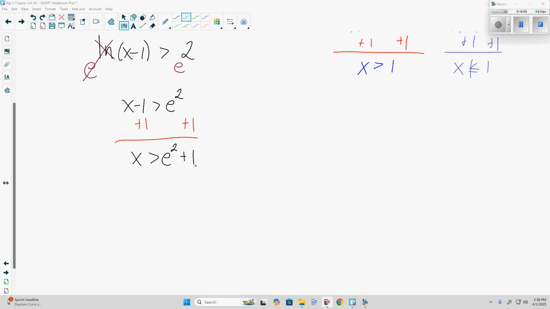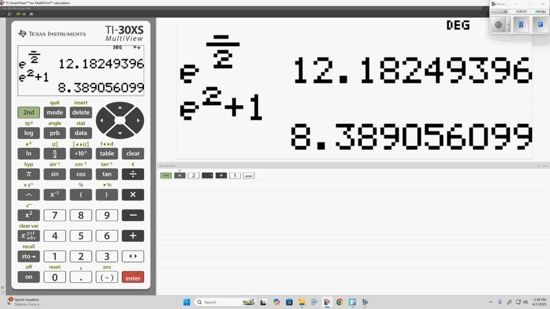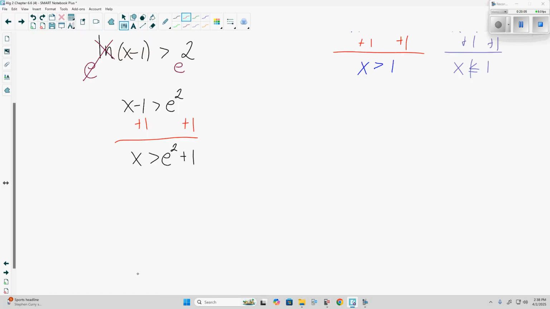Well, I'm going to grab the calculator and we can say e to the second plus 1 is 8.389. Well, for our test point, is 1 greater than 8.389?